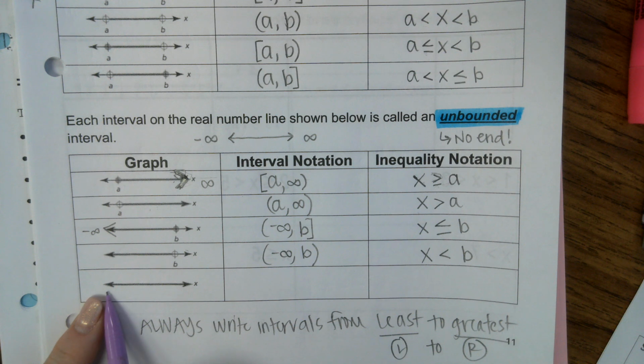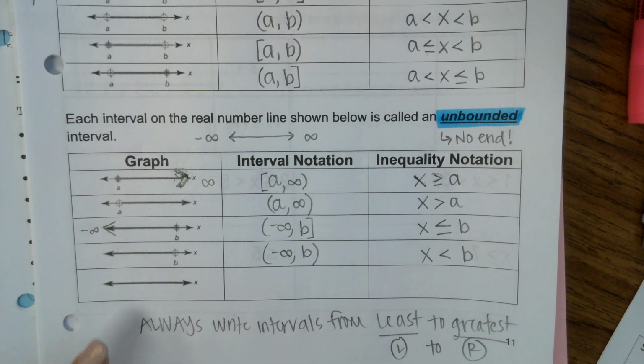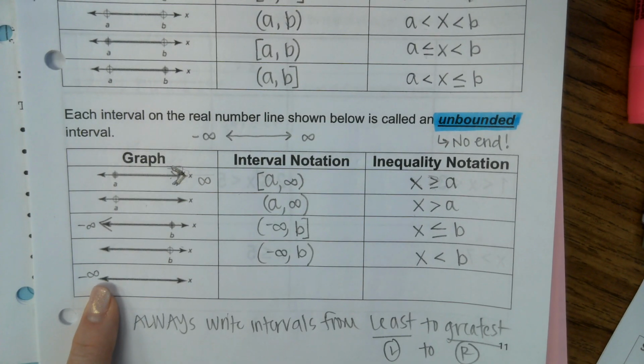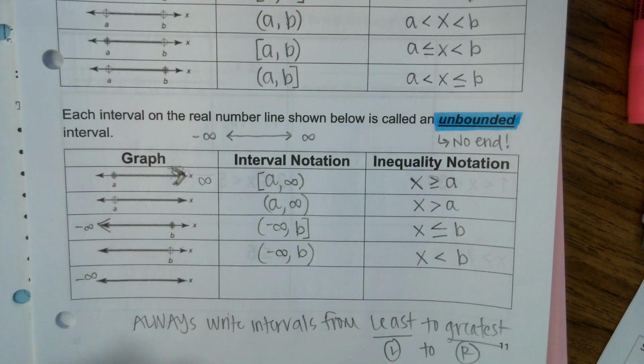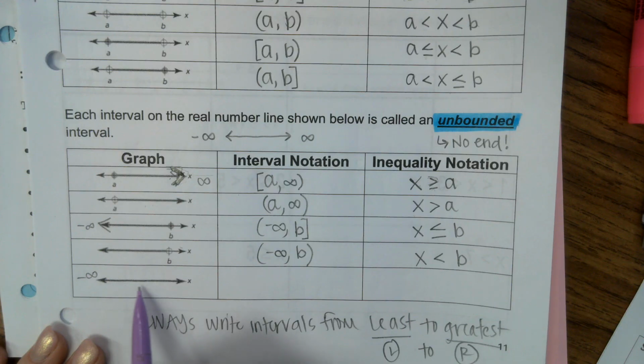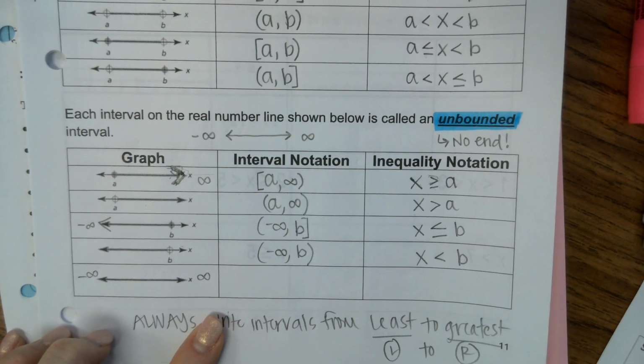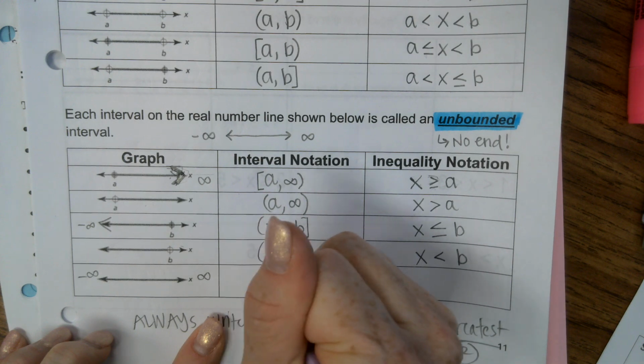Okay, right here. There are no a and b values right here. This whole thing is shaded. From left to right, we know that if that arrow is shaded, it's coming from negative infinity. There is no stopping or starting right here, so we know it just keeps on going to positive infinity.